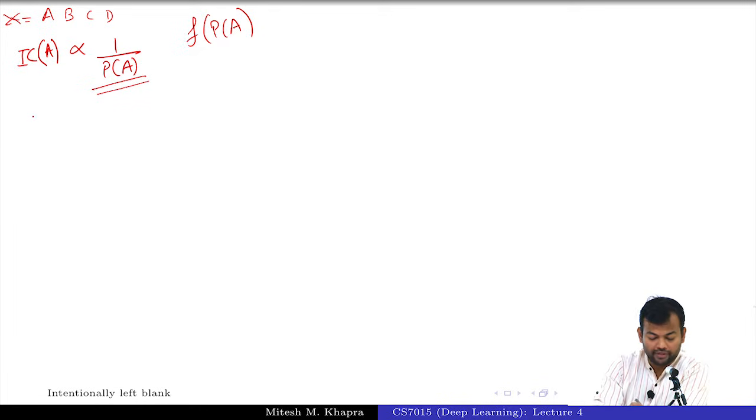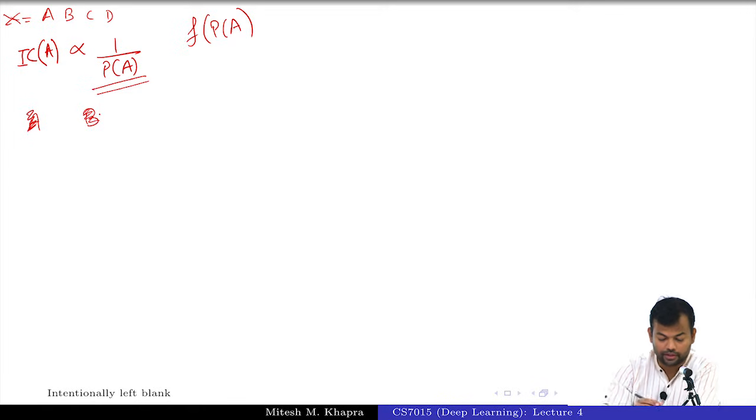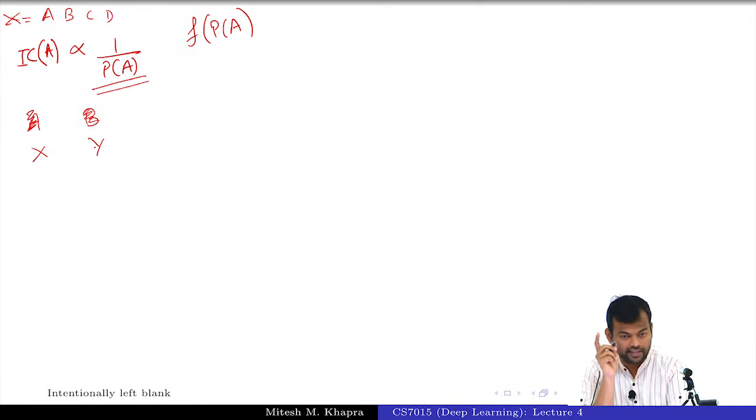Now think of two events which are independent. So let's consider two different random variables.